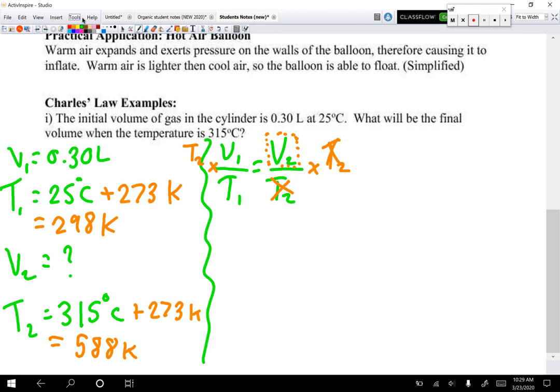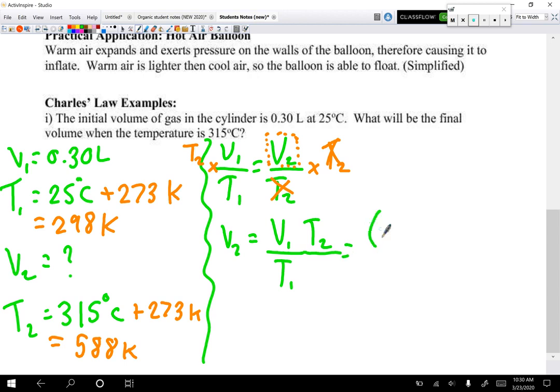So we're left with our new equation of V2 is equal to V1 over T1 times T2. So we can plug in our variables if we want.